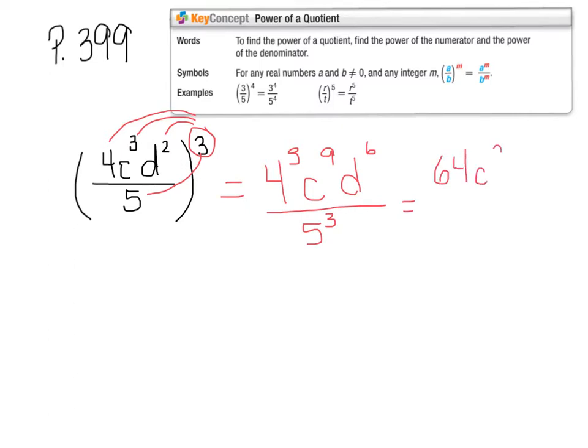C to the 9th, D to the 6th, over 125. Now, of course, if those coefficients, or in this case a constant in the denominator, could be reduced, you would need to do so. Also, if there was a C and a D of some power in the denominator, you would need to take care of that as well.